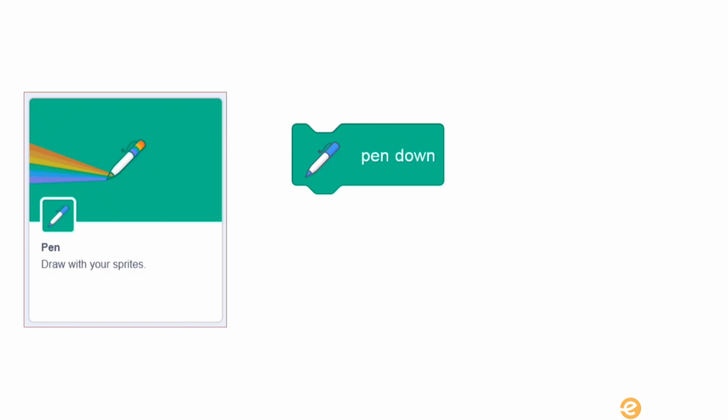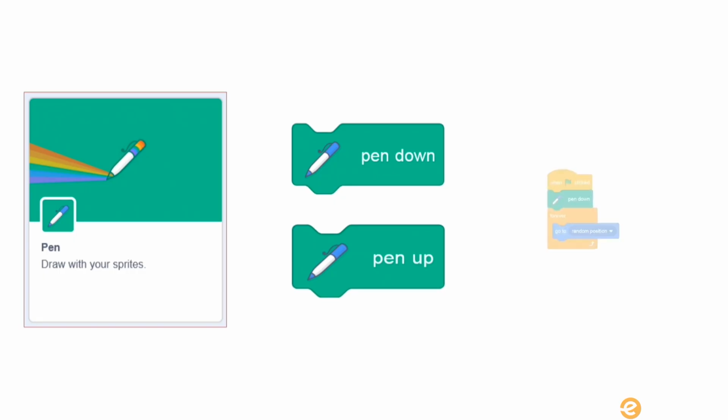If the pen down command is used, and the sprite is moved, then the sprite will trace the path on the stage. By default, pen up is always enabled for the pen tool. If it is pen up, then the sprite path will not be traced. Try this example, and see the results.